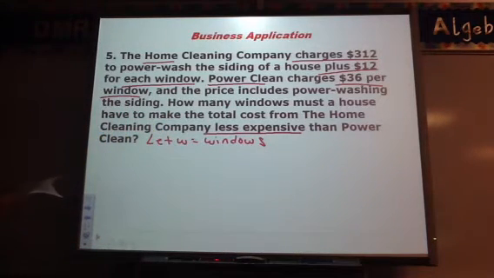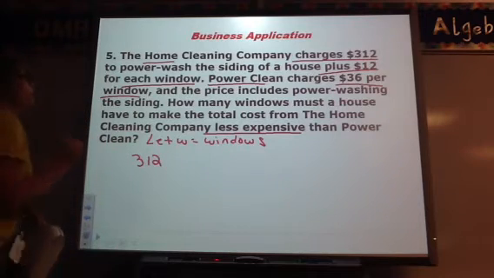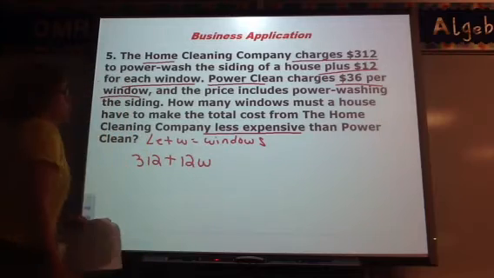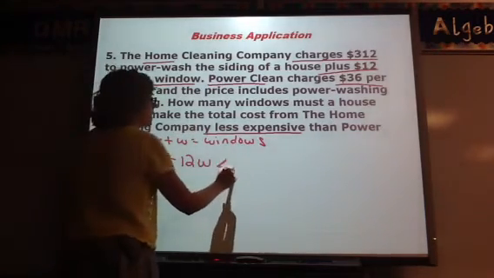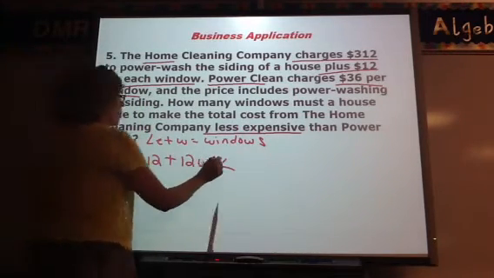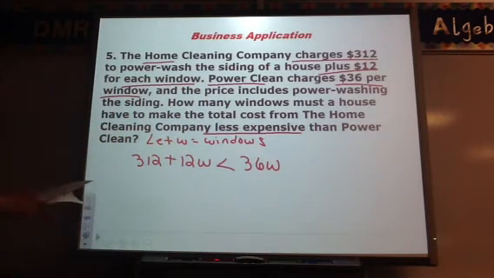Okay, and let's look at the home cleaning company. So it charges $312 to clean the siding plus $12 per window. All right, this needs to be less expensive than the power cleaning, which is $36 per window. That includes the siding.